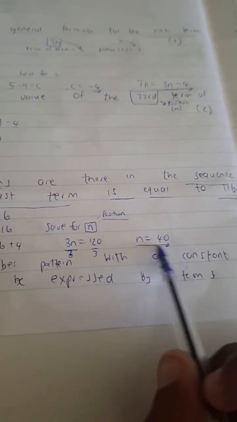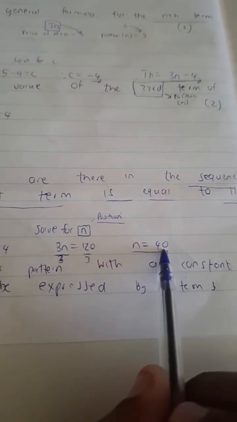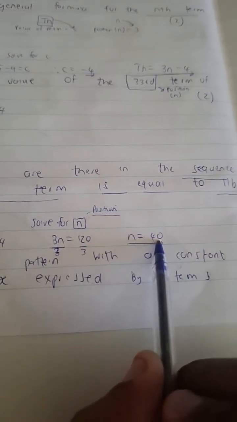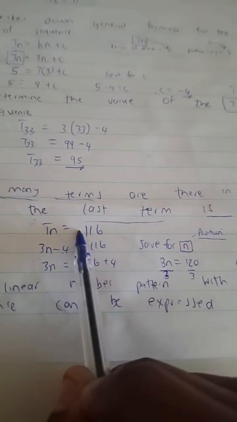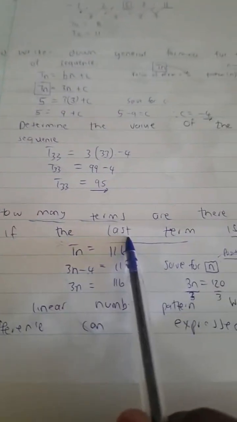So that means 116 is occupying the 40th position. If 116 is occupying the 40th position, that means in total, how many terms are there? If this 116 is the last term, it means in total there are 40 terms. So how many terms are there in the sequence if the last term is equal to 116?